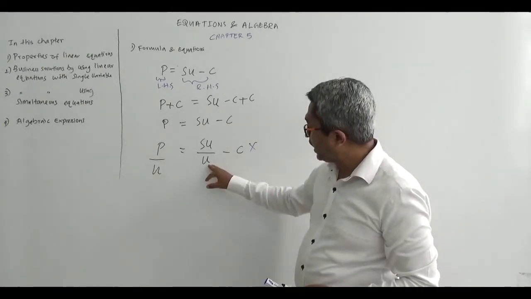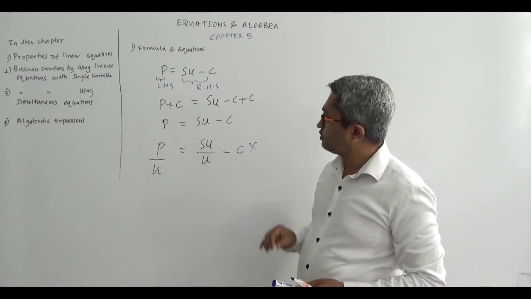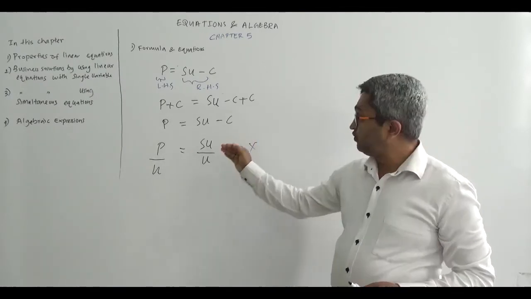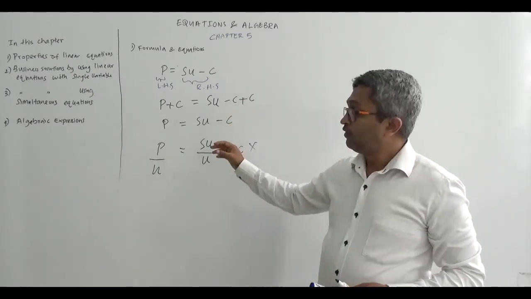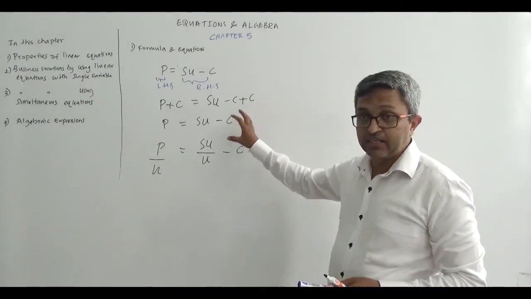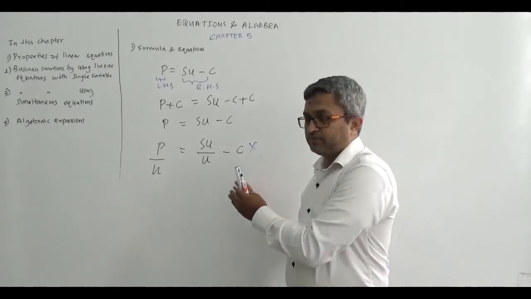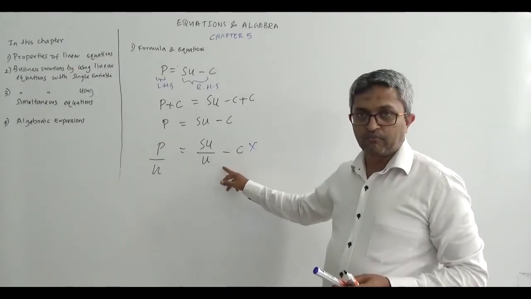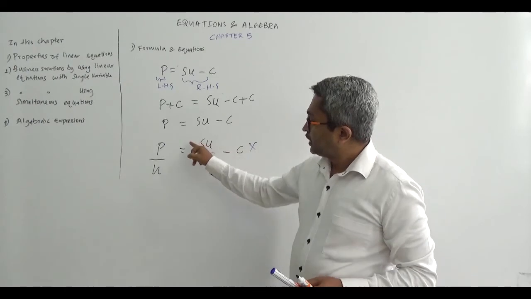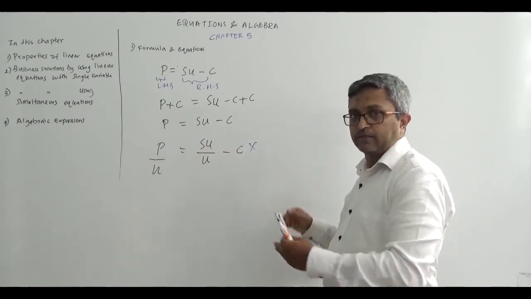So this is an invalid operation. You cannot do this. You have to be careful with equations when you are working with them. We generally say both sides: if you do something, you do the same thing on both sides, but it has to be done for the whole side, not for part of it.